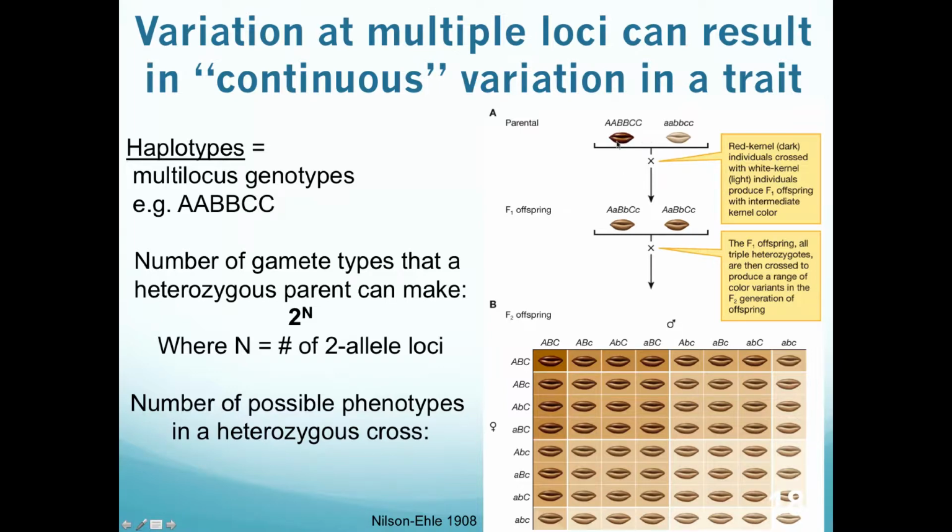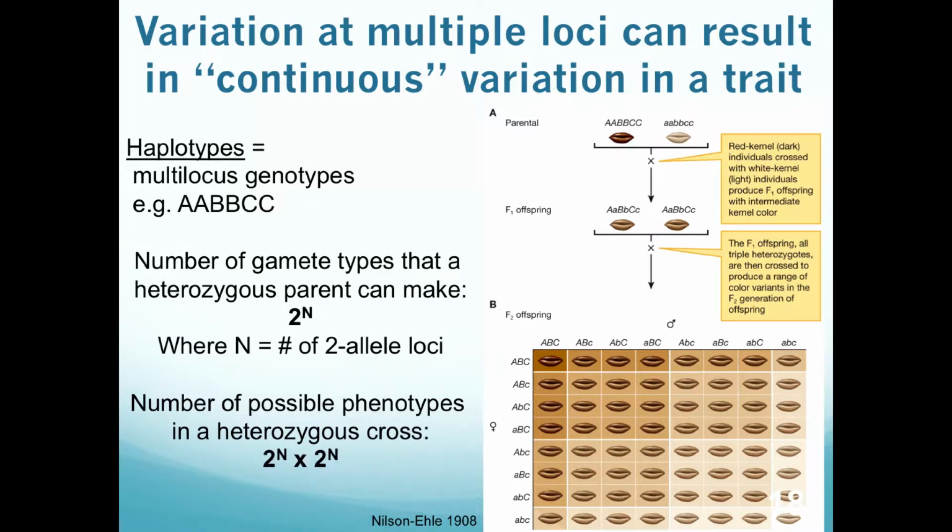So in this case, we have 3 different genes that underlie color of the seed. And you can actually create 27 unique phenotypes from these 3 different genes. And those 27 unique phenotypes will basically look as if there was continuous variation in the population.